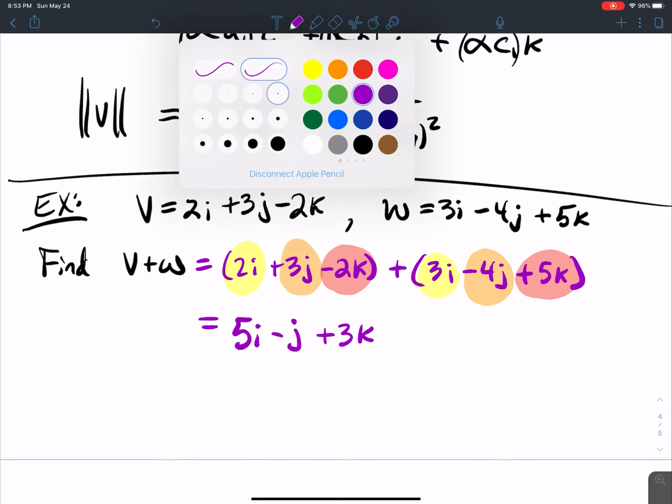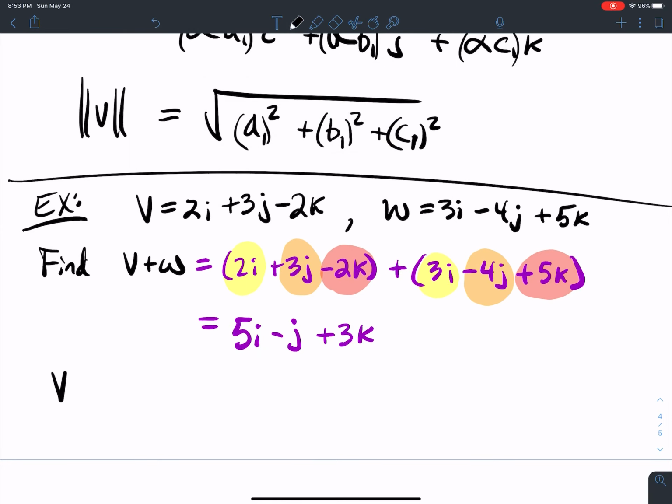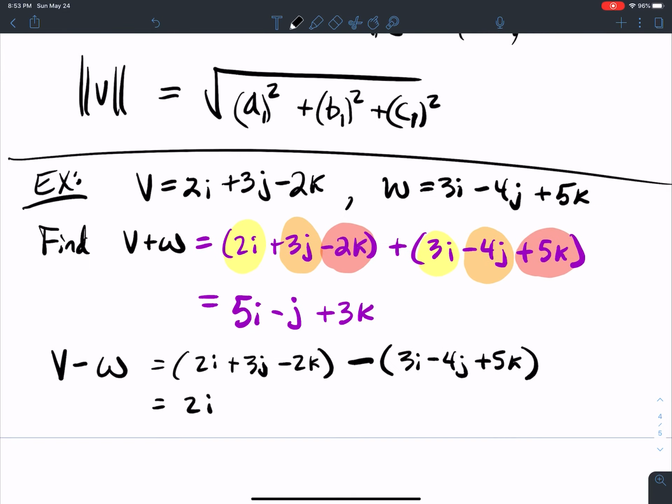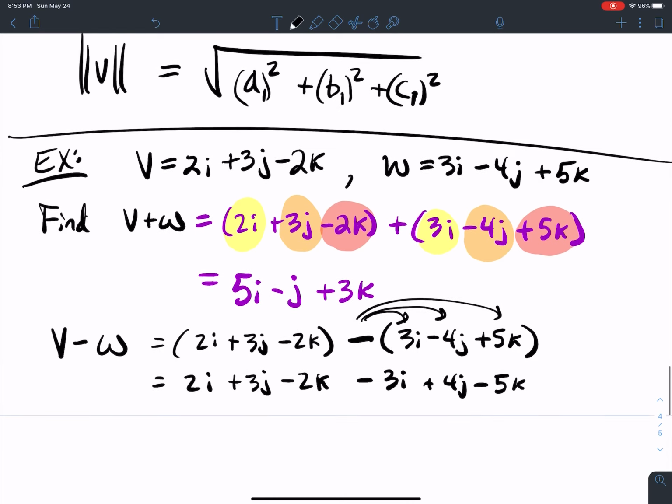Now, this one's not too much harder. v minus w. This is 2i plus 3j minus 2k minus 3i minus 4j plus 5k. So the negative distributes. So I have 2i plus 3j minus 2k minus 3i plus 4j and then minus 5k.